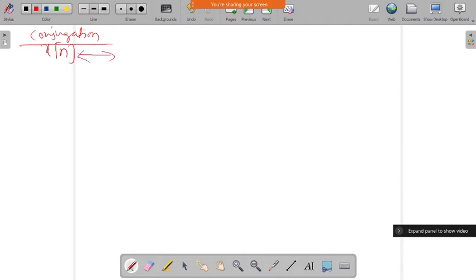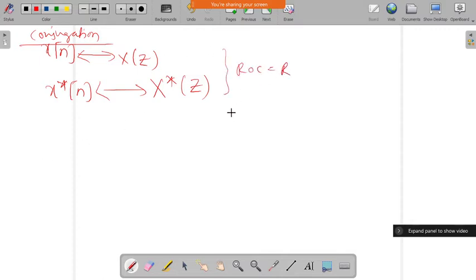If we have x of n with z transform pair x of z, and we complex conjugate the input signal x of n, then the corresponding z transform also gets the complex conjugate in the z domain. In both cases the ROC remains the same, equal to R. Any zero or pole in this real signal, say for example at z equal to z naught, any zero or any pole is there.